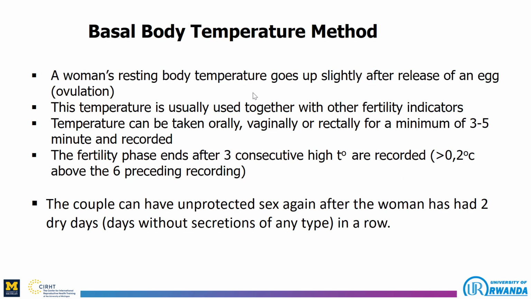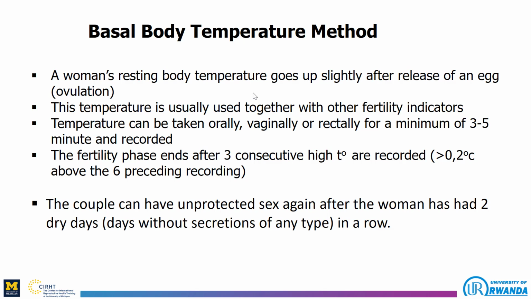Basal body temperature method: a woman's resting body temperature goes up slightly after the release of an egg. This is the period of ovulation. This method is usually used together with other fertility indicators. Temperature can be taken orally, vaginally, or rectally for a minimum of 3 to 5 minutes, and you have to record the temperature.